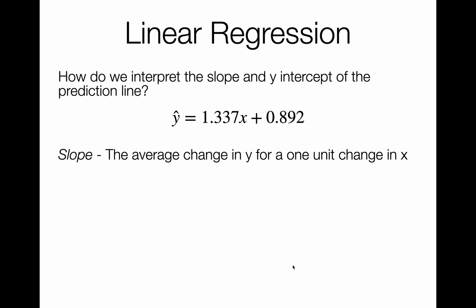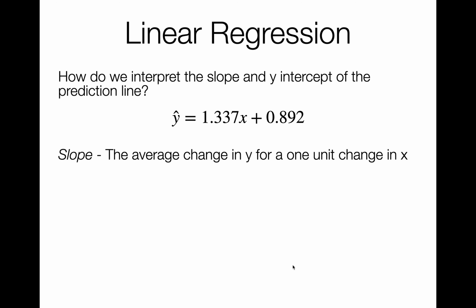This line is looking at the average increase. Okay, so if I increased everyone on this earth's height by 1 inch and then saw how their weight changed in some magical world and then took the mean of all of those changes, that is what the slope is interpreted as.